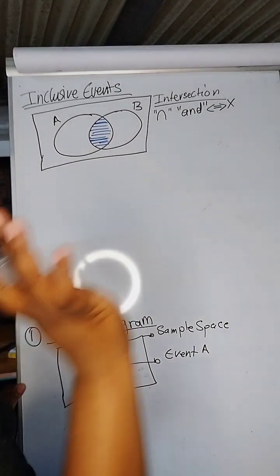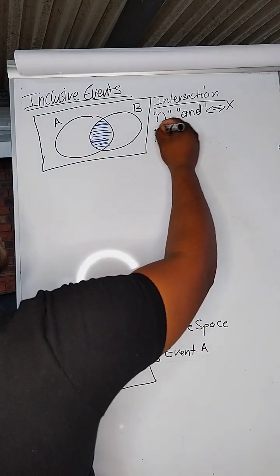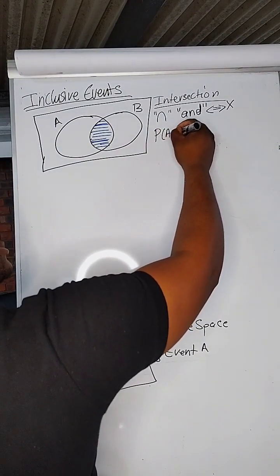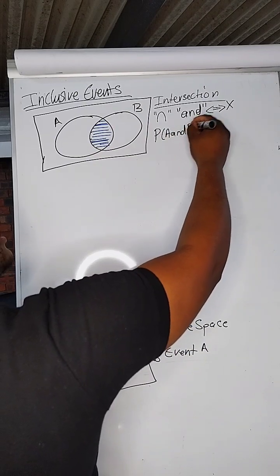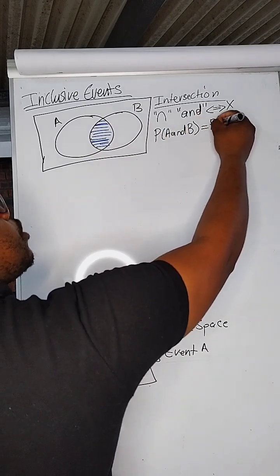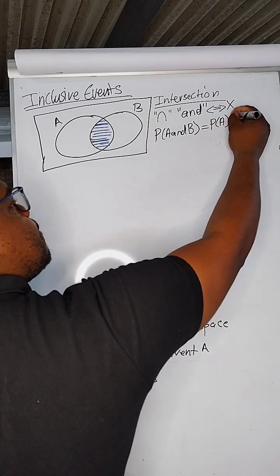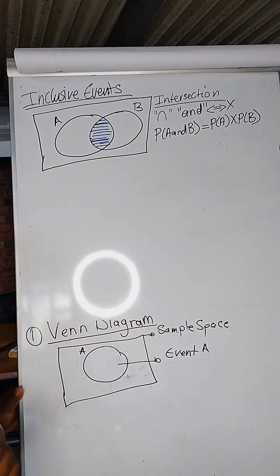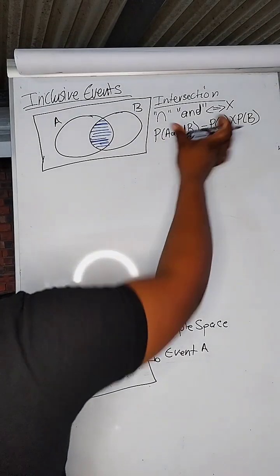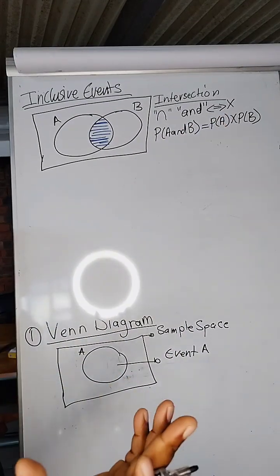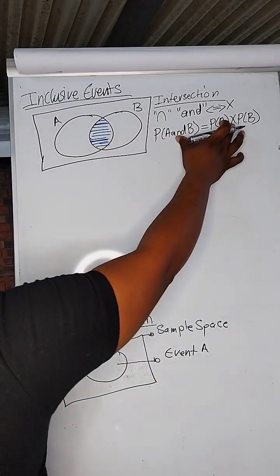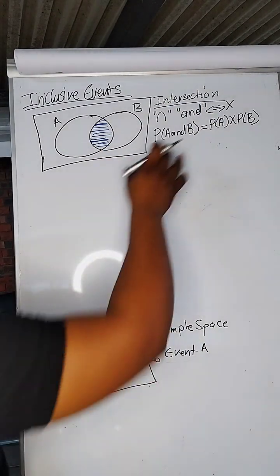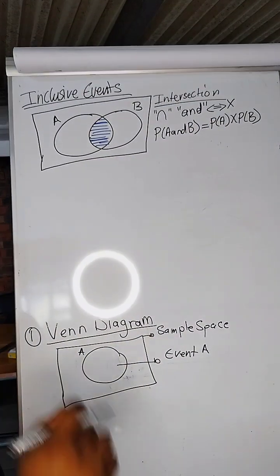It has a rule. The rule says the probability of A and B should be equal to the probability of A multiplied by the probability of B. Now for grade 10, you need to know this, but you won't use it that much. But for grade 11, this is your thing. For grade 12, this is your formula.